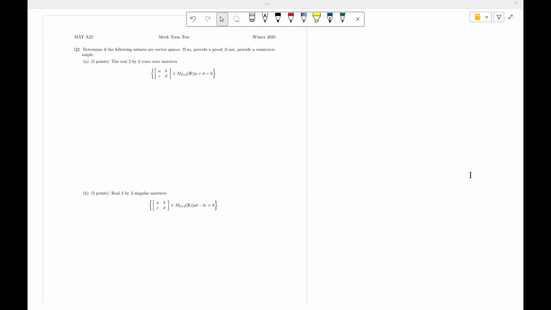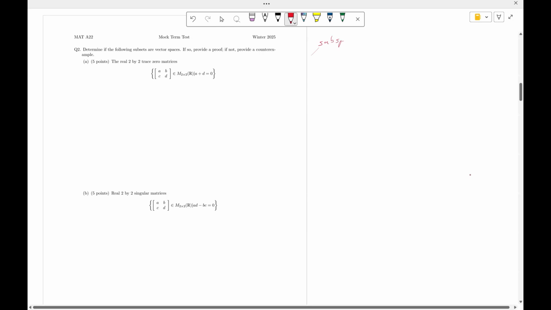In this question, we are asked to consider 2 subsets and prove that they are vector spaces. What we'll notice is that these 2 subsets are subsets of vector spaces.